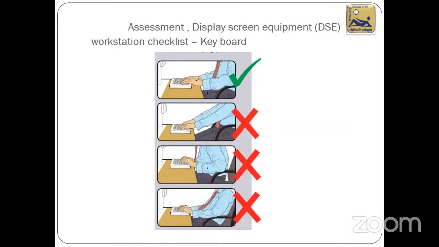So this is the assessment, mainly when you're working on a system. The assessment to be maintained is the display screen equipment workstation checklist. Mainly the keypad kept in front of you, the distance between the keypad and the hand, and how the elbow and shoulder should be positioned. The first picture shows an ideal position for using a keypad.